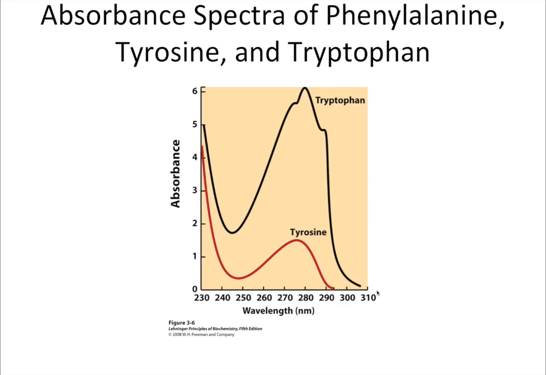And then 320 to 400 is UVA, and that isn't shown on this since these two molecules don't really absorb in that region. But what you can see here is that right around 280, even a little bit to the right of 280, you can see that peak maxima occur for both tyrosine and tryptophan. And what you'll notice is that tryptophan has a much greater absorption, and again, this is due to its higher molar absorption coefficient.